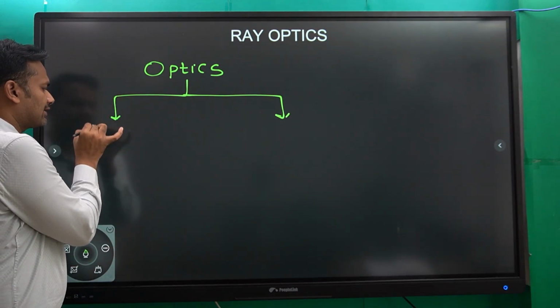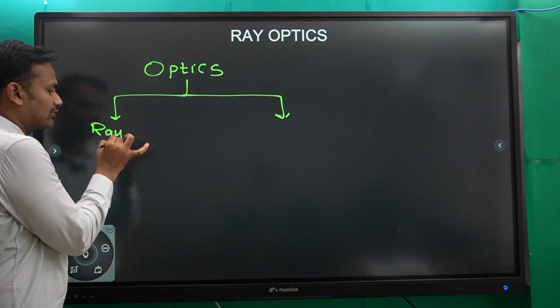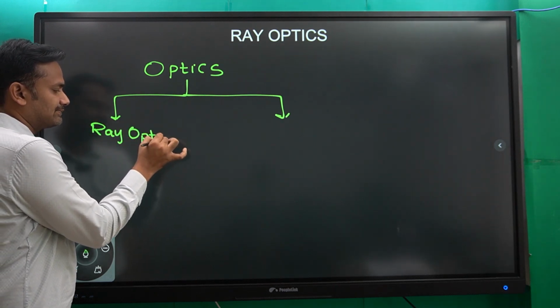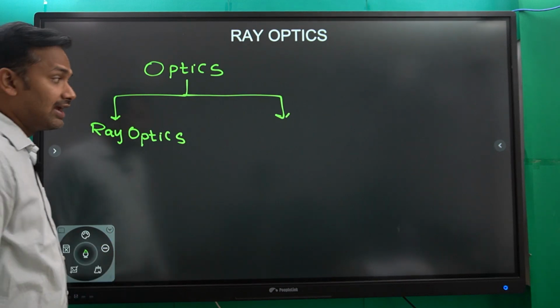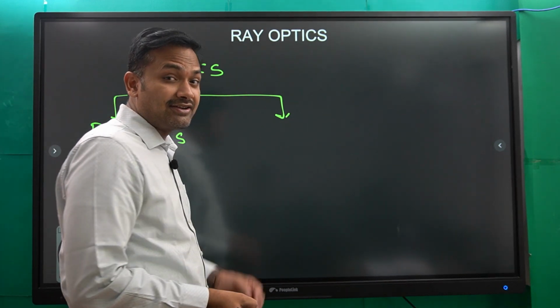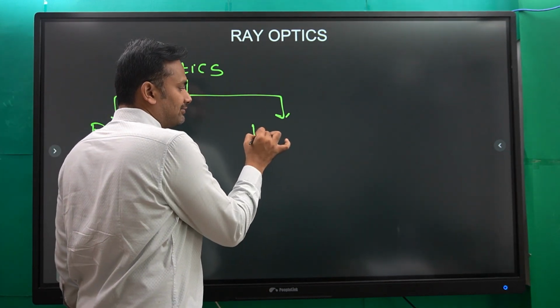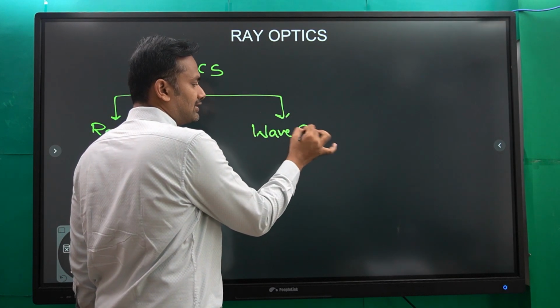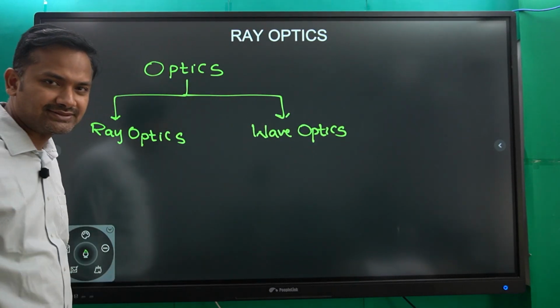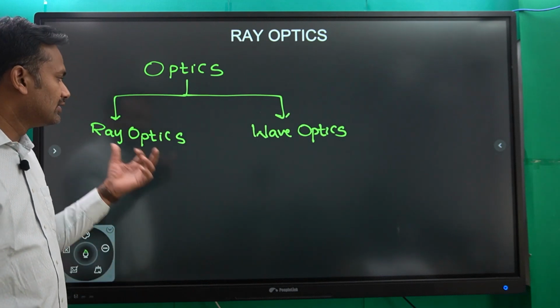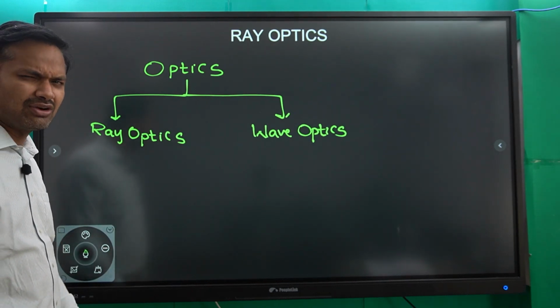One is ray optics, which we are going to discuss in this chapter. The other one is wave optics, which we are going to discuss in the next chapter.